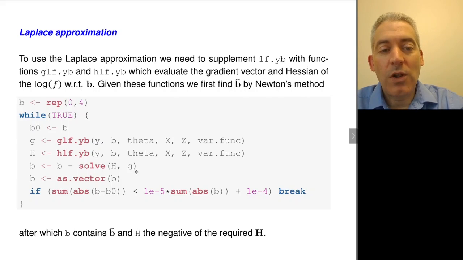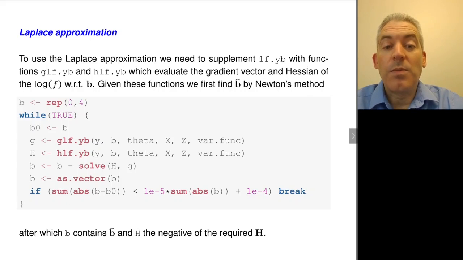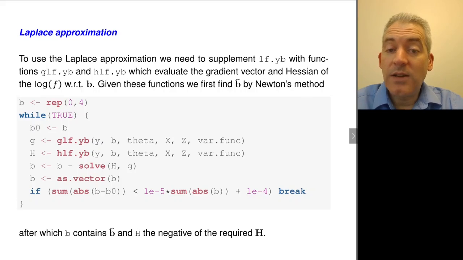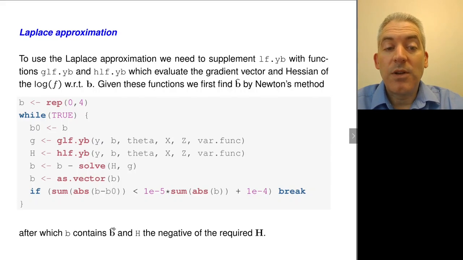We then solve for our Newton step and map this matrix back to a vector, and then we have a fairly simple termination criterion at the end. Otherwise we go around the loop again. When this termination criterion is satisfied and we break from the loop, we've got our modal estimate B hat stored in B, and we've got the Hessian in H.